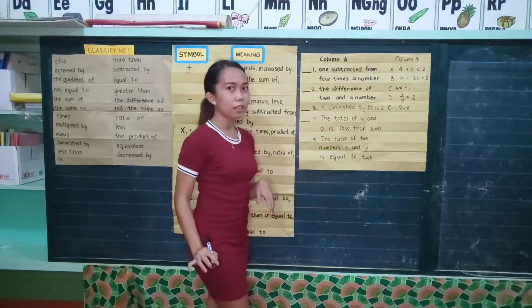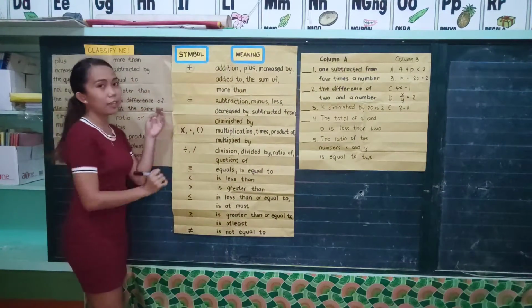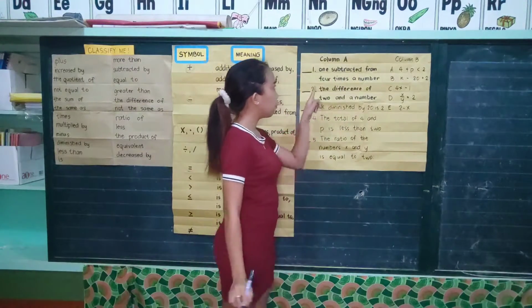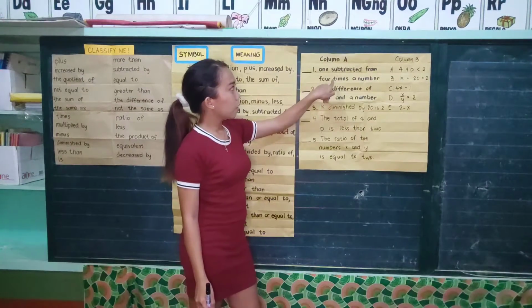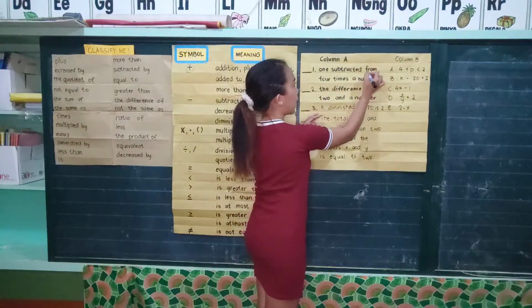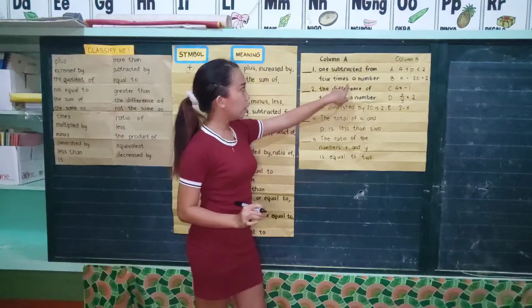So when we say subtracted, what is the symbol for this one? So we have this sign. So 1 subtracted from 4.